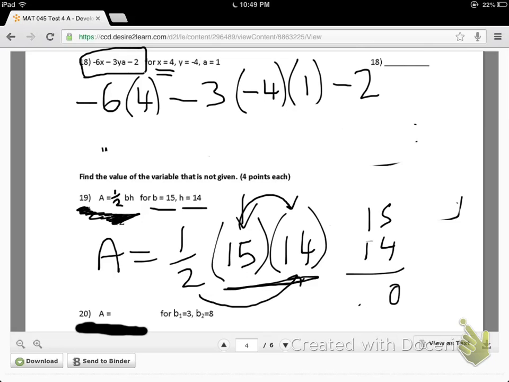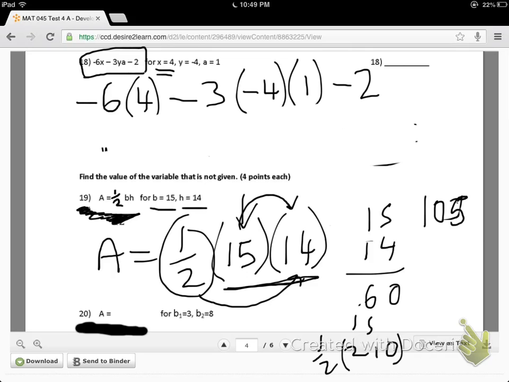That's 60, and 22 to carry. That's 210. Then what's half of 210? You get 105. All right, so that is the answer, 105.